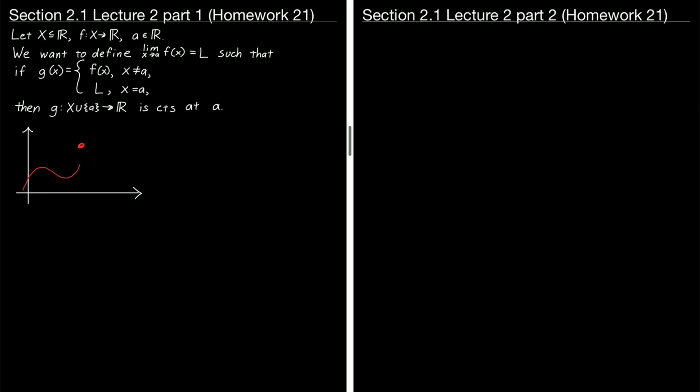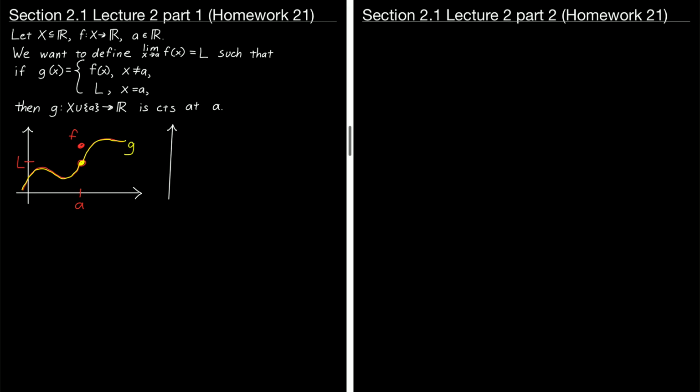This function is not continuous at this point a, but then there's one number L such that if we filled in our function, if we set g of a to be L and then just had g agree with f everywhere else, then g is now continuous. And then we'd like to say the limit as x goes to a of f of x is L. So that's what we're going for.